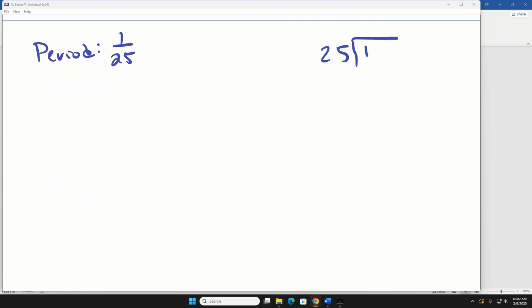If you want to do it this way, though, okay, so what do you do if the divisor is smaller than the dividend? You add a decimal point and then 0. Still too small. Hit another 0. And then what do you get? 0.4.